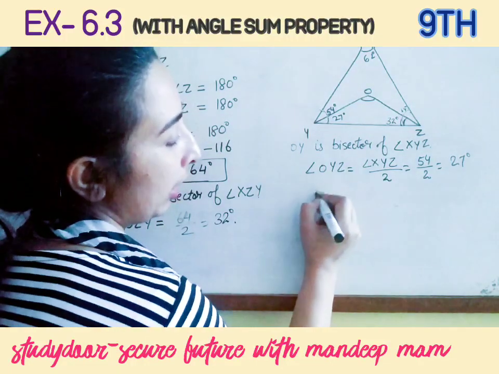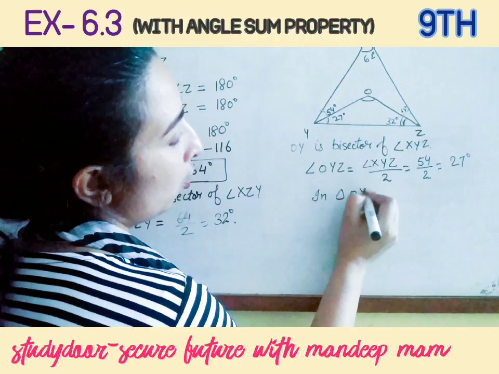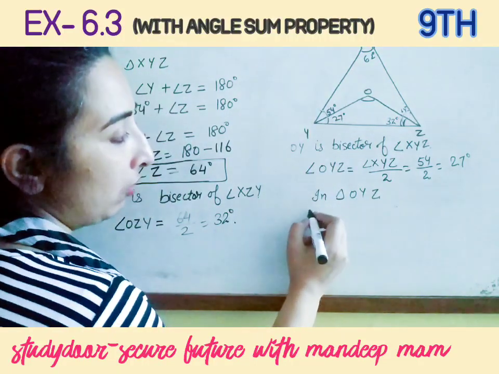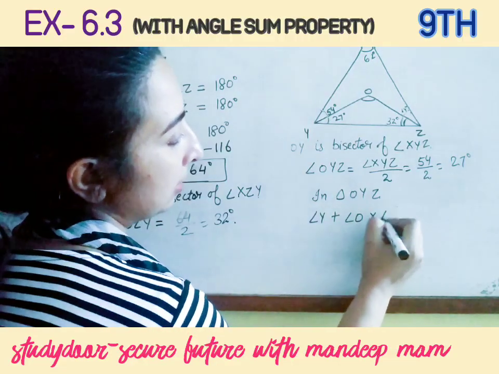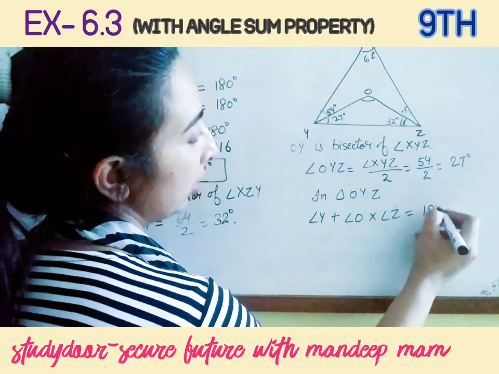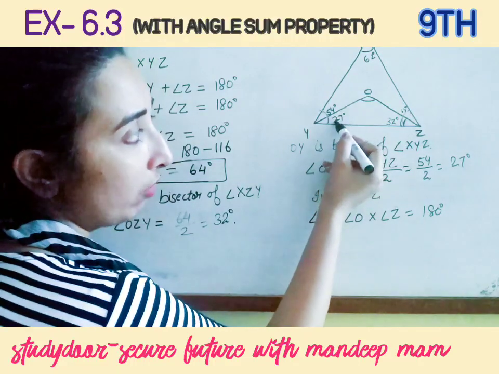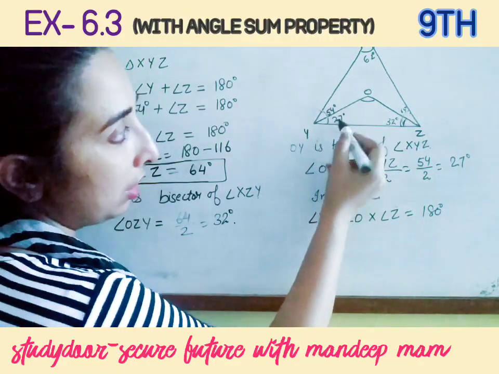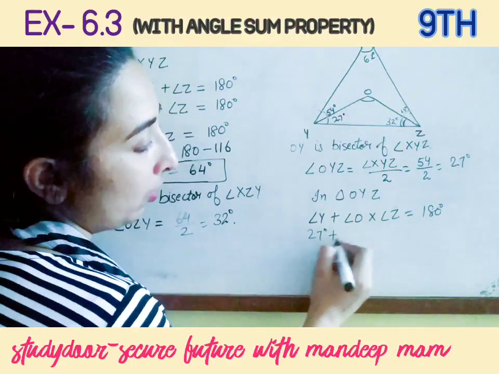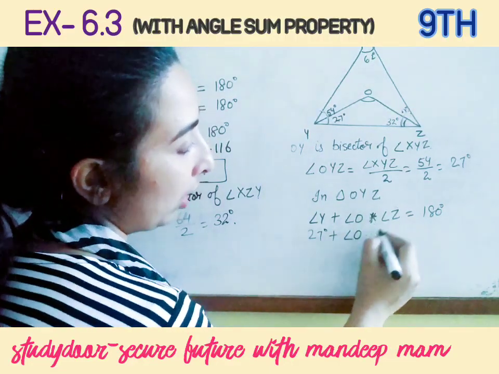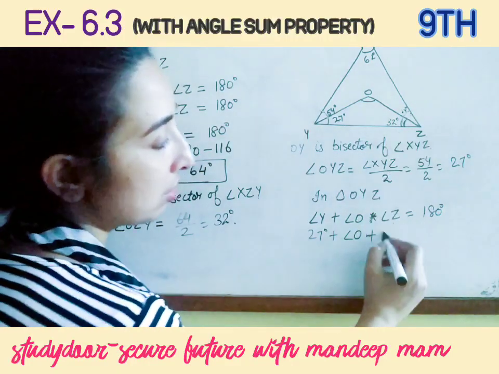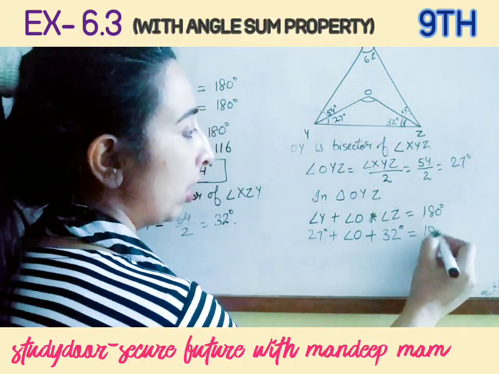So in triangle OYZ, angle Y plus angle O plus angle Z is equal to 180 degrees. Now we write only the half angles: angle Y is 27 degrees and angle Z is 32 degrees.